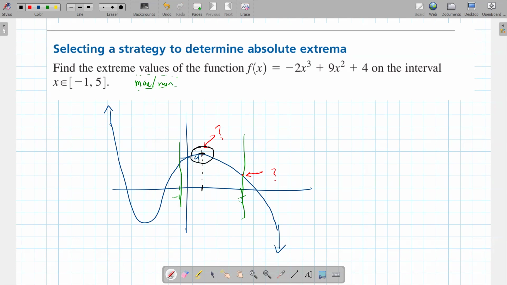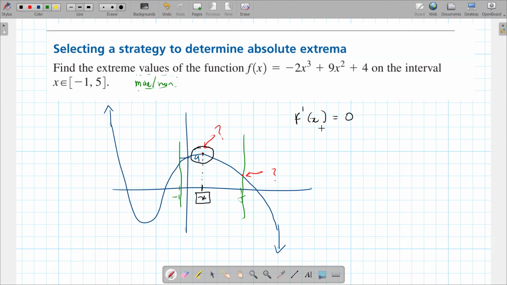The slope is 0, right? So if we find f prime of x, the slope function, set it equal to 0, we can find this x value. And using that x value, we can say, well, here is a maximum, or here is a minimum. So let's find that.